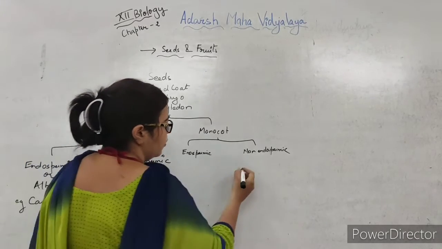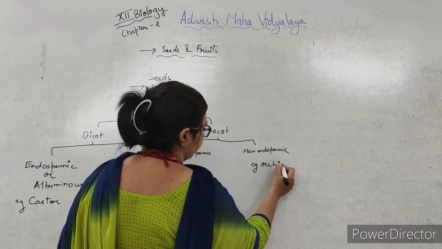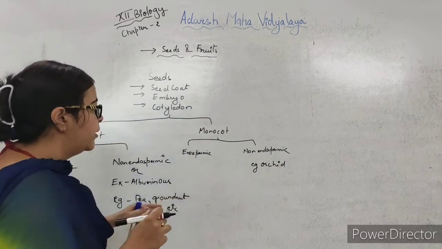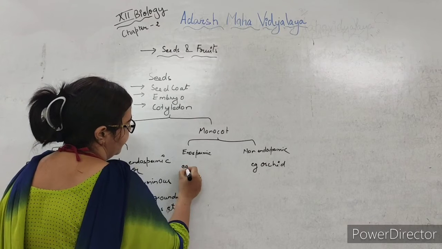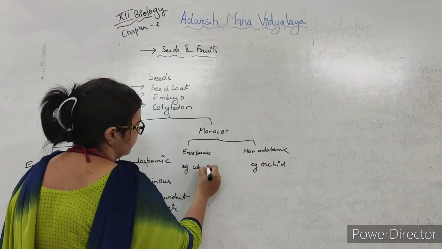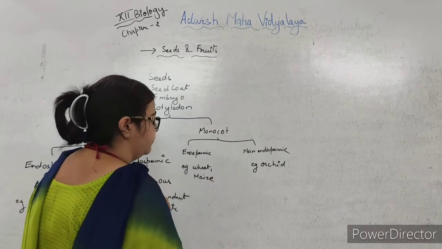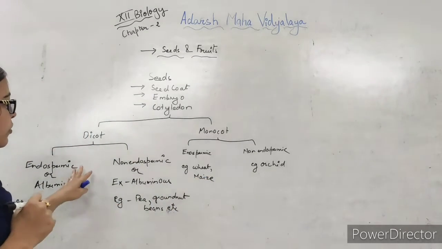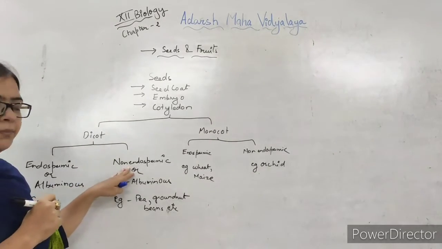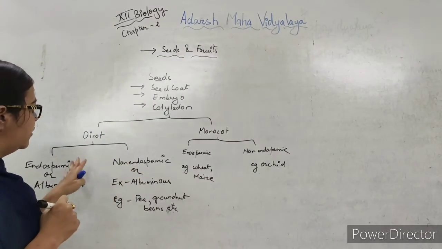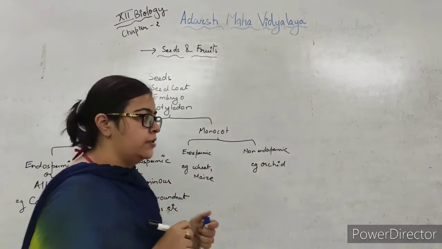So the example here we can give is orchid. In endospermic monocots we have examples, that is wheat, maize, etc. Okay, so the seeds can be divided into endospermic and non-endospermic in both what? Dicot and monocot plants.